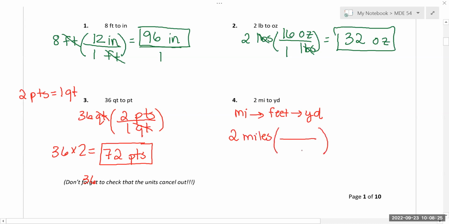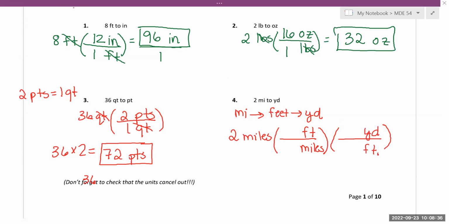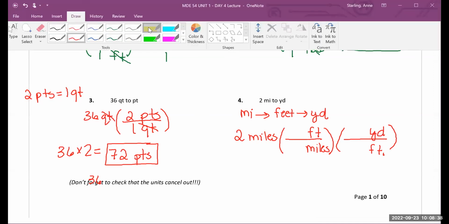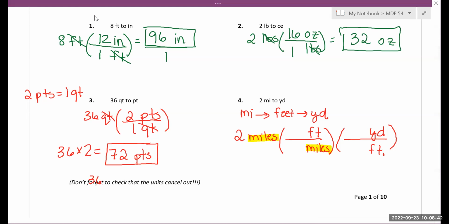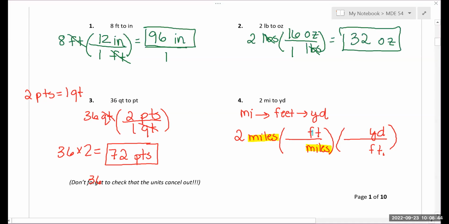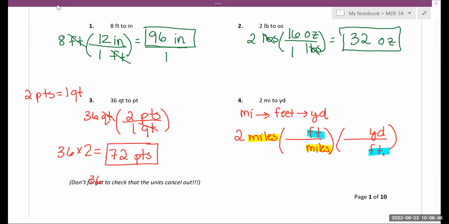And then I need to go to feet. So I'm going to put miles and feet, and I'm writing it like this so I can keep track solely of the units for a minute. And then let's see if that cancels the way I wanted it to. So again, I'm looking at canceling units. Miles would cancel. Excellent. Feet would cancel, and I would get yards. Okay, so that's exactly what I wanted.